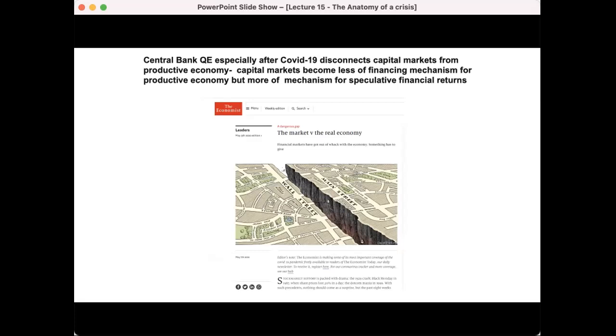Capital markets have become less of a financing mechanism for the productive economy, but more of a mechanism for speculative financial returns. It's the playground of the rentier, and not the habitus of the income earning majority.